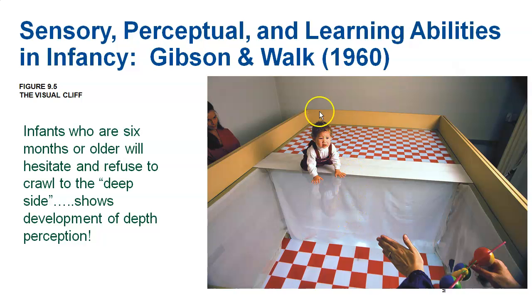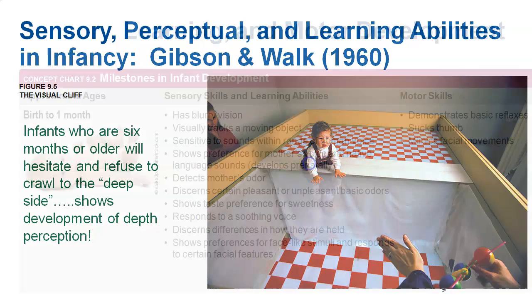What they would do is put a child on one end, and then the mom or primary caregiver would call them, and they would look to see when a child stopped walking across the cliff. It was found that around 6 months is when they would start to hesitate and start to cry. They didn't want to go beyond that gap because from what they saw, they were about to fall. It could be argued that their vision is not the best, so there's still research being done, but to the best of our knowledge, depth perception develops around 6 months.